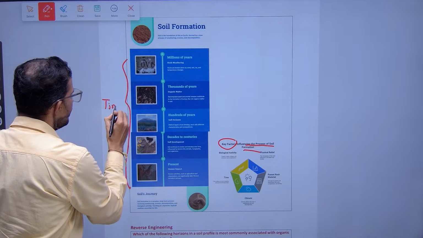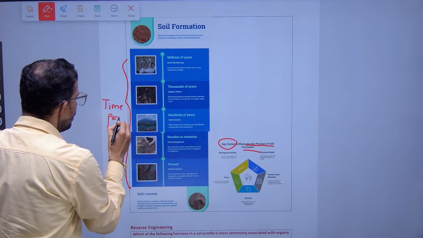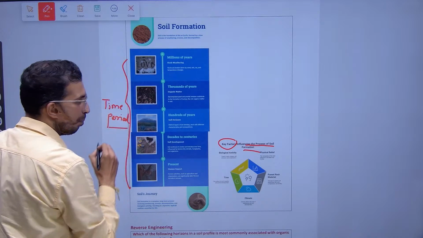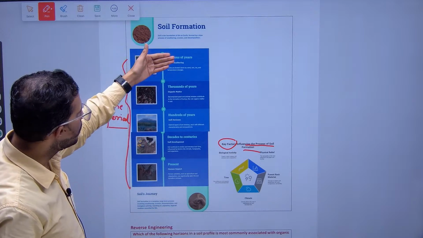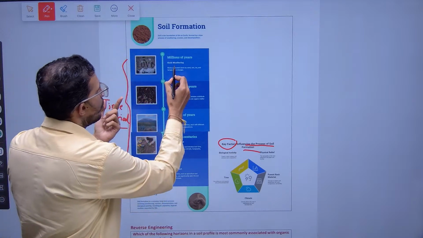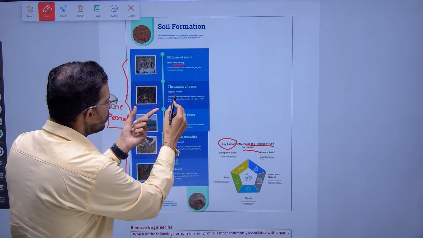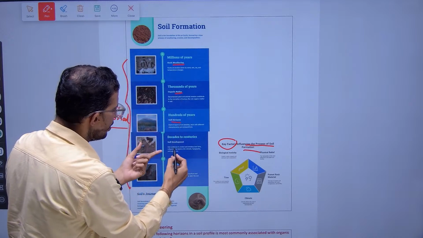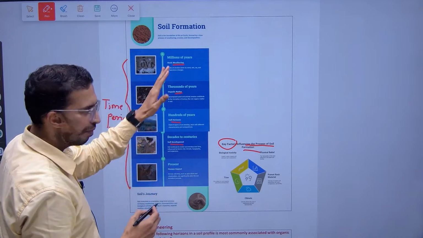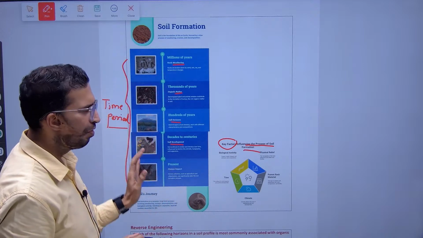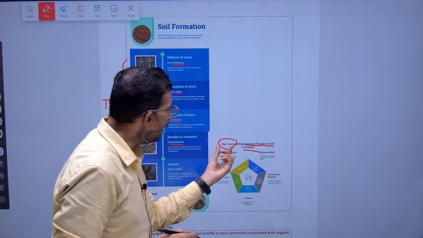I will give you the hint. This is a time period for the formation of soil. From the millions of years, this is the process of rock weathering, then formation of organic matter, then soil horizons, soil development. See the keywords we are going to study in detail, and key factors influencing.